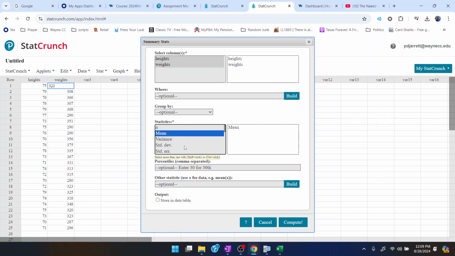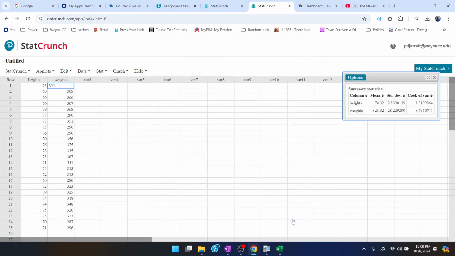We can calculate mean, standard deviation, but let's look at coefficient of variation. Looky there. It calculates that coefficient of variation for you. Makes our life a lot easier, doesn't it?